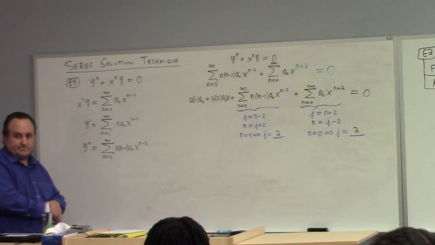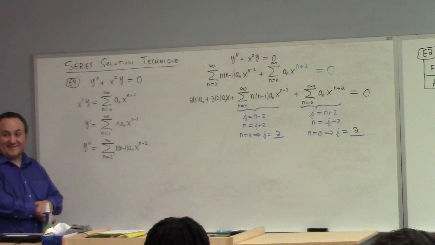How did you decide that j equals n minus 2 and n plus 2 again? Oh, because I want them to match.